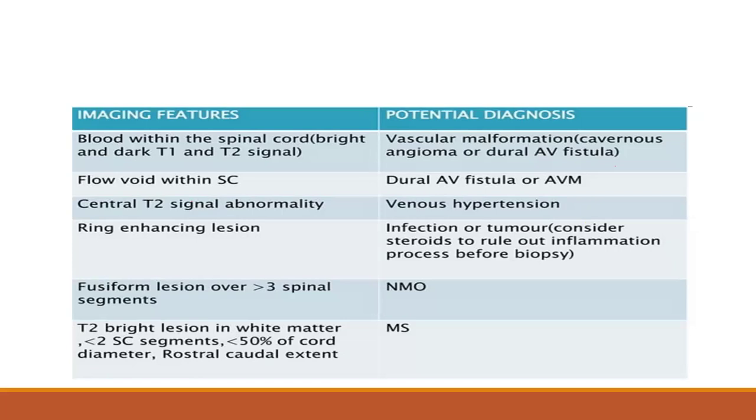Central T2 signal abnormalities are seen in venous hypertension. Ring enhancing lesion: again consider demyelinating conditions, infections or tumors. Fusiform lesions over more than 3 spinal segments are called longitudinally extensive transverse myelitis; consider NMO spectrum disorders. Short segment transverse myelitis, involving less than 2 spinal cord segments and less than 50% of cord diameter, suggests multiple sclerosis.